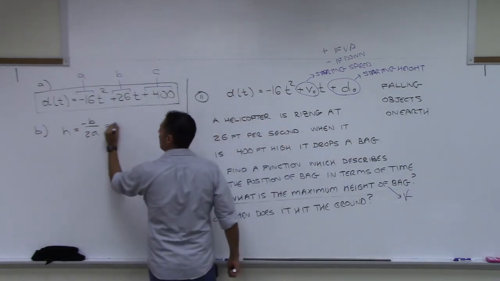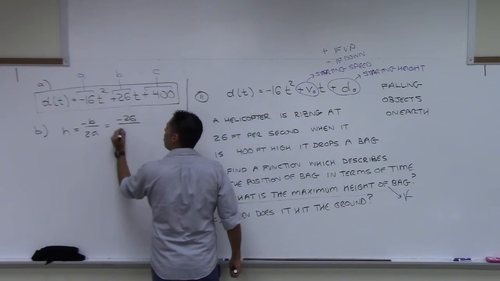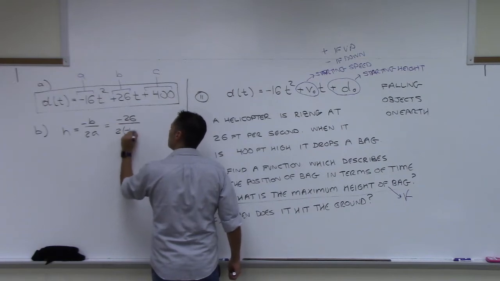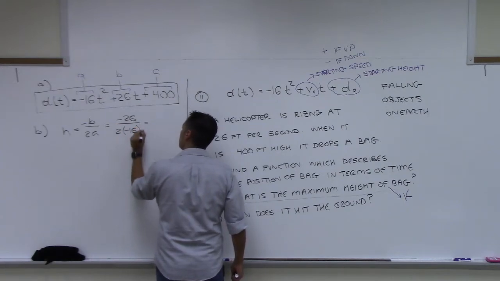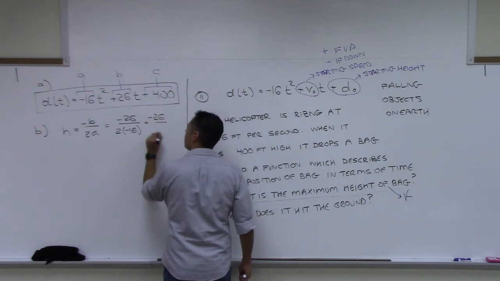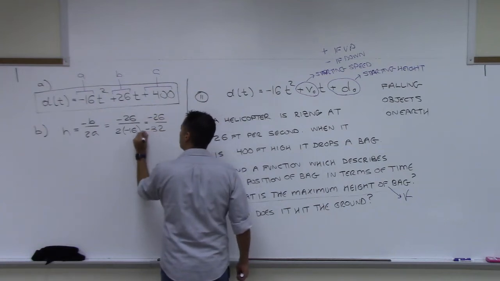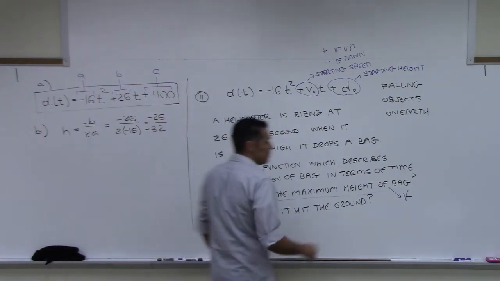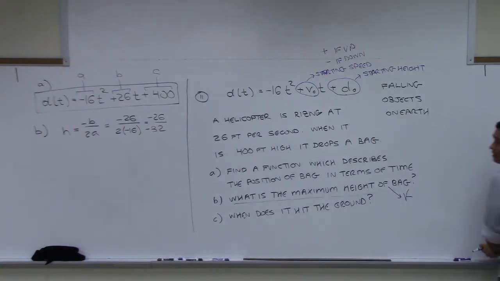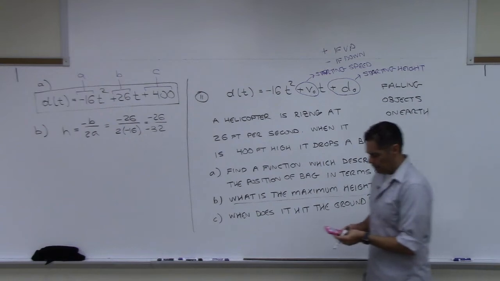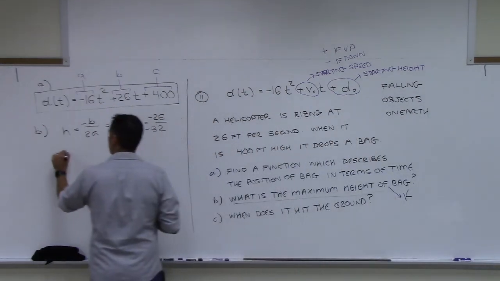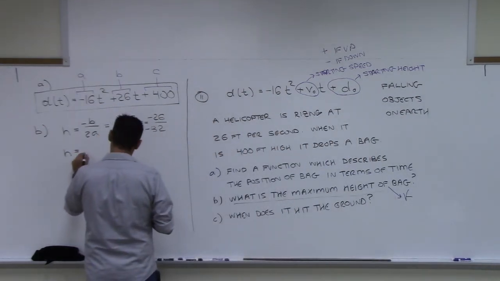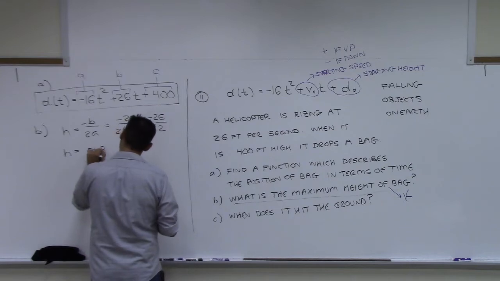This is going to become negative 26 over 2 times negative 16, which is negative 26 over negative 32, sorry. And then I'm going to use my calculator to get a decimal here. I get h is equal to 0.8125.